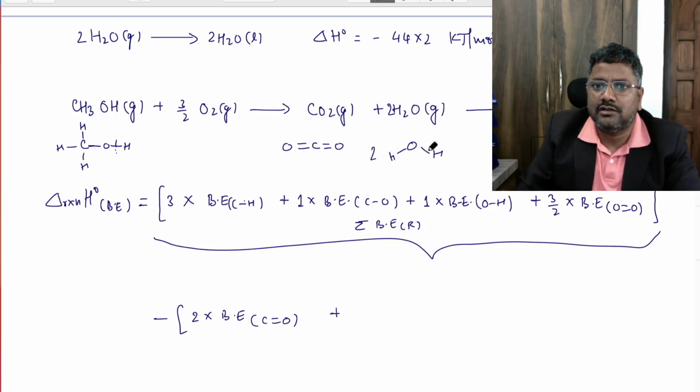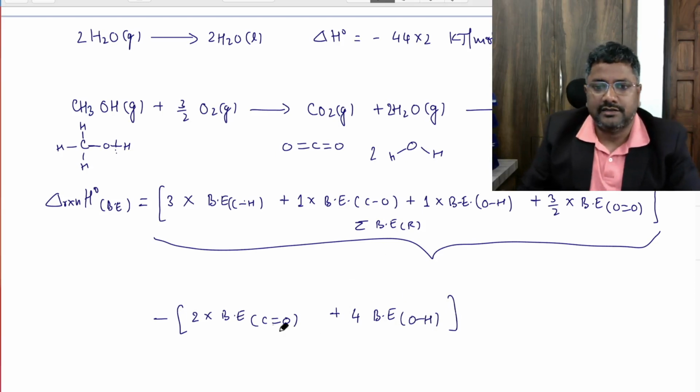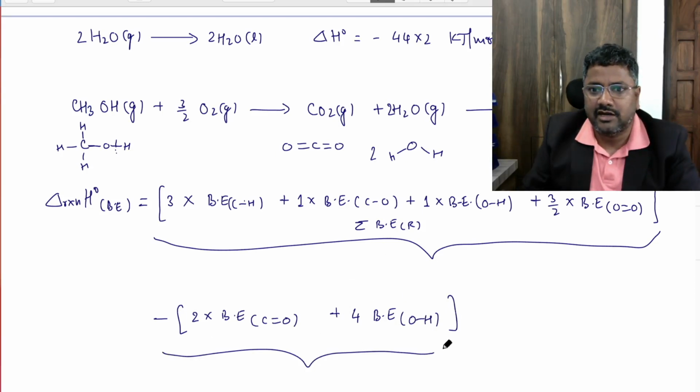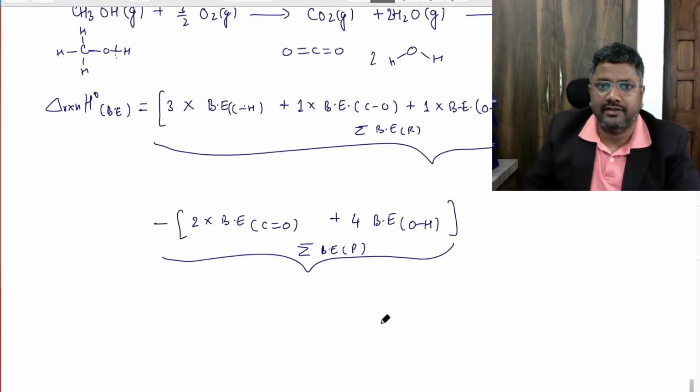So total 4 OH bonds. So 4 into bond energy of OH bond, right? So now you can say this is the sigma of bond energy of product. So reactant minus product. Now you can put the value.